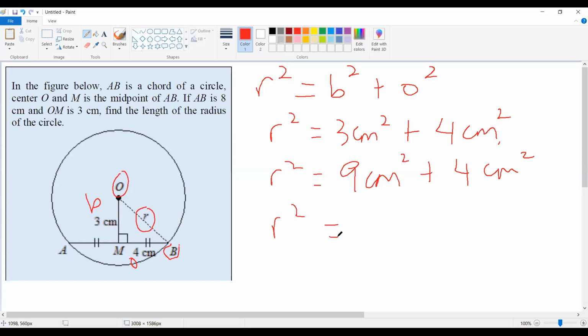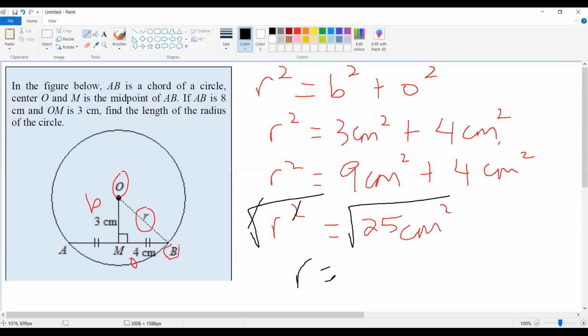R squared is therefore 25 centimeters squared. But remember, we don't want R squared. We want R. So to get rid of a square, we have to find the square root. This cancels with this. And of course, the square root of that will give us 5 centimeters. Okay?